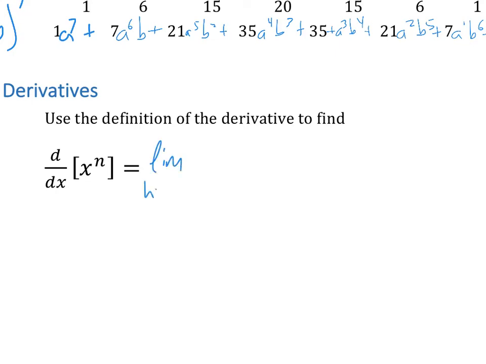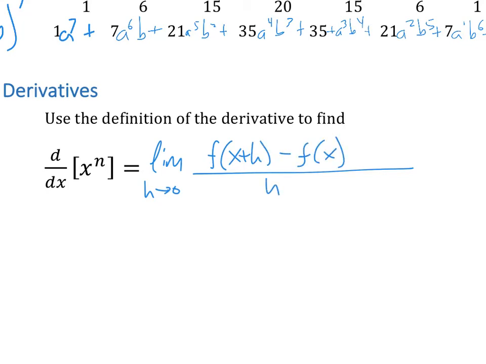The limit as h goes to 0, and I'm going to go kind of fast here, but if you want to pause the video and rewind, feel free to do that. So we want the limit of f of x plus h minus f of x all over h. So there's our limit definition. It's always nice to write that down first so we can remember where we're going.